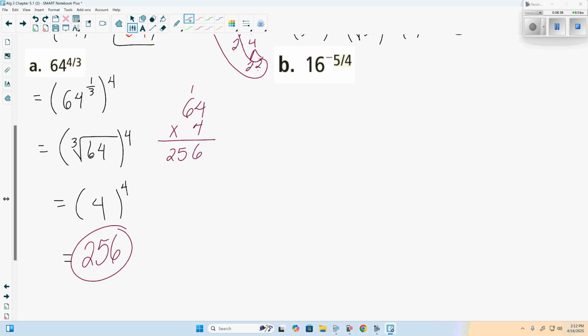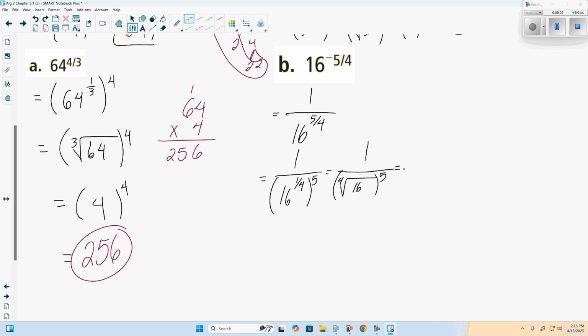16 to the negative 5/4. That's 1 over 16 to the 5/4, the same as 1 over 16 to the 1/4, to the 5th. 16 to the 1/4 is the 4th root of 16.